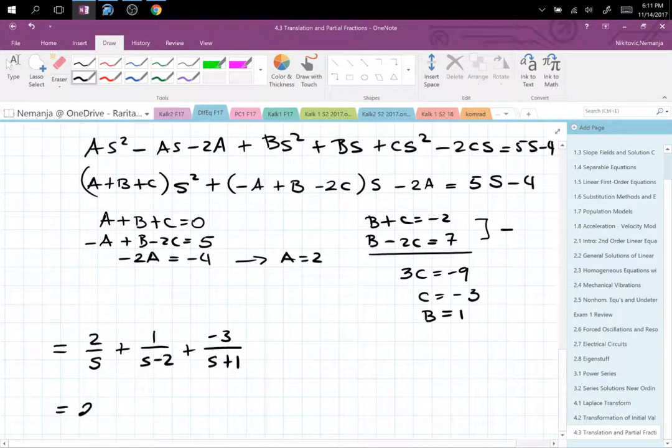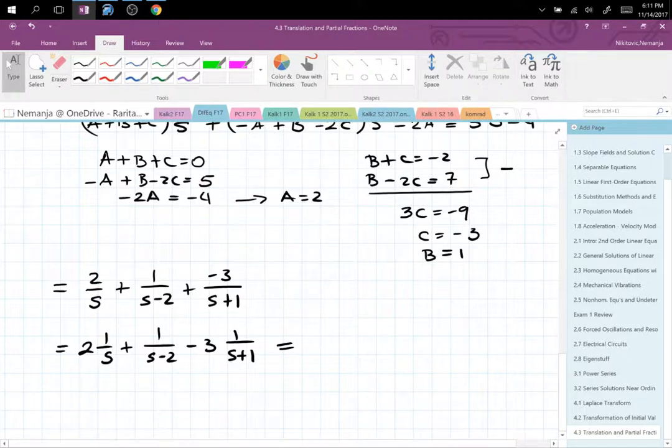Now this is 2 times 1 over s plus 1 over s minus 2 minus 3 times 1 over s plus 1. Do we remember what these inverse Laplace transforms are? They are all e to the, exactly.